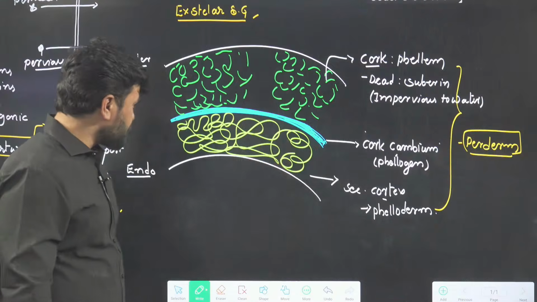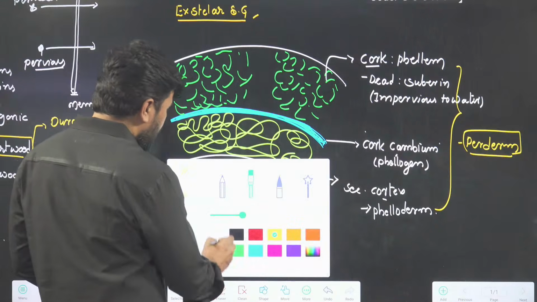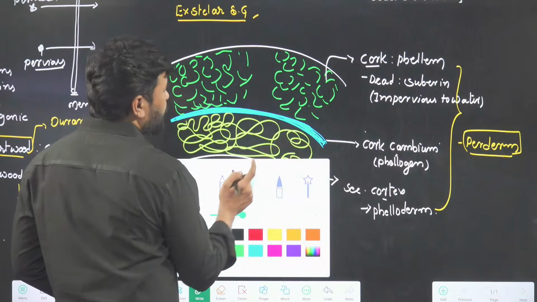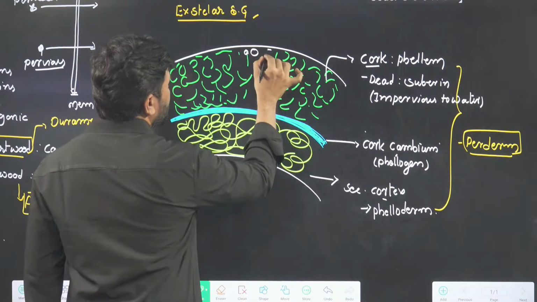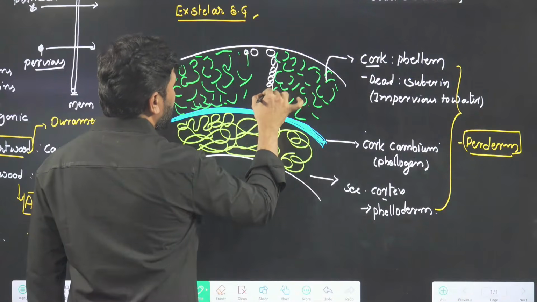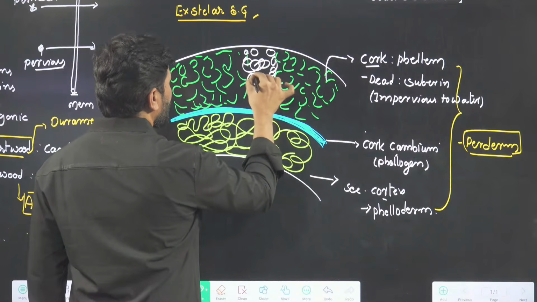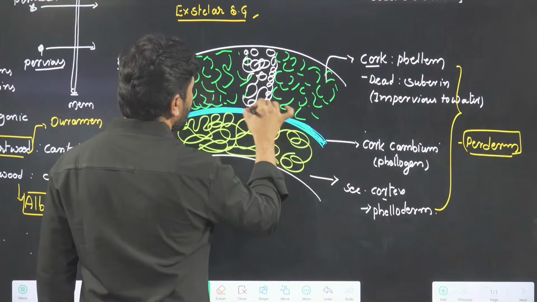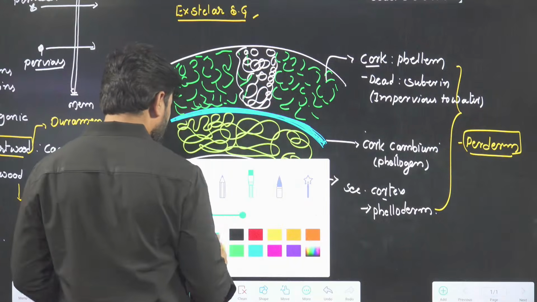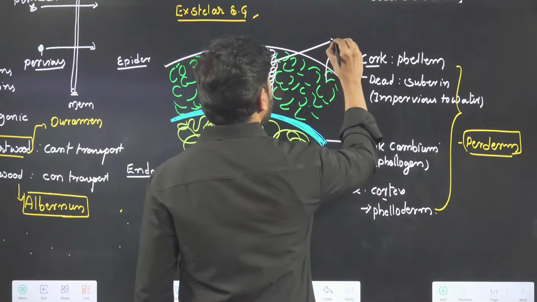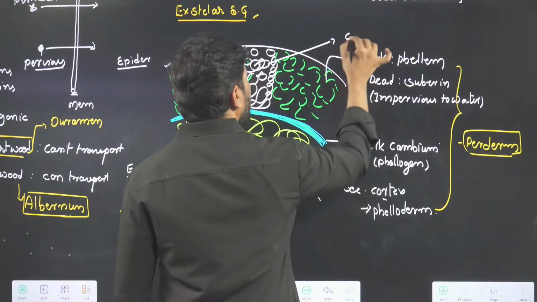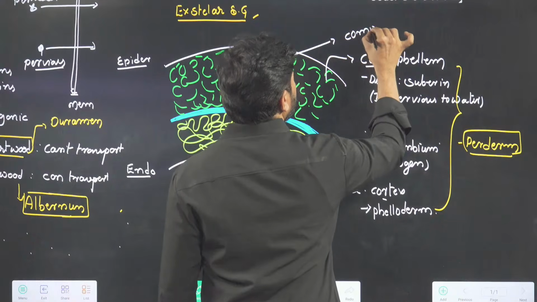Now one more thing. In some areas peripherally, this cork cambium produces some specialized parenchymatous cells. Those parenchymatous cells are called complementary cells.